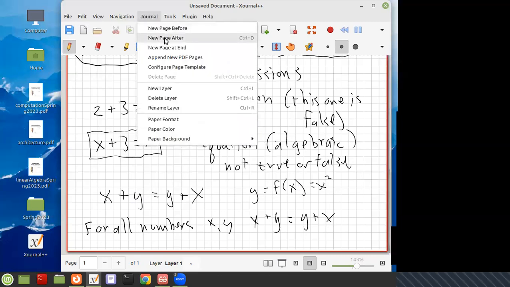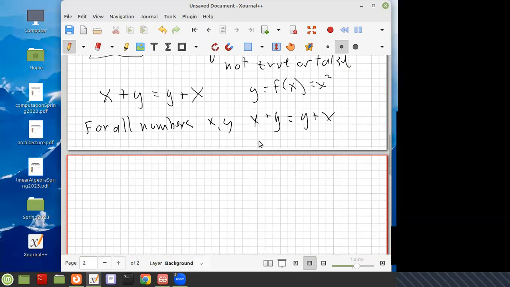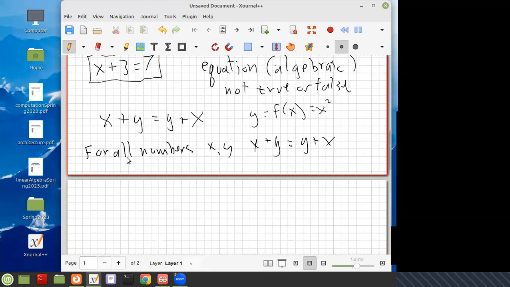So this is one way of using this phrase for all numbers x and y. You're saying for all numbers x and y, x plus y equals y plus x. So that's a claim, and it's true.